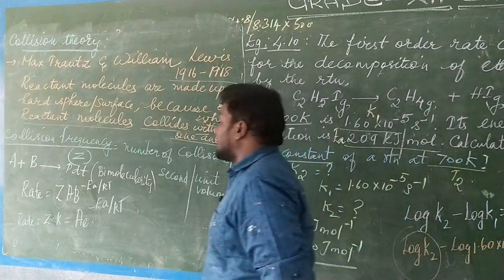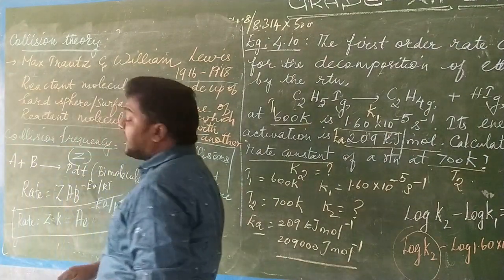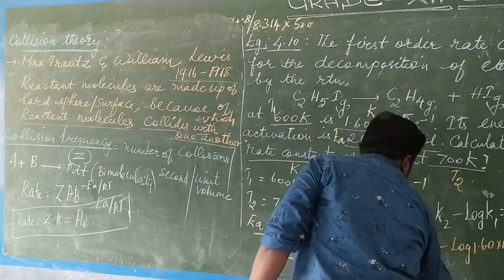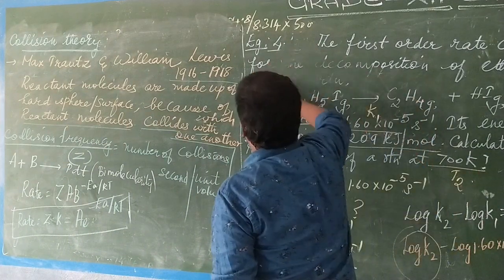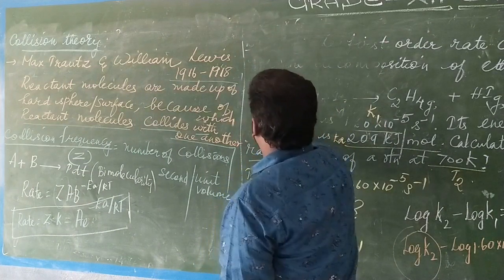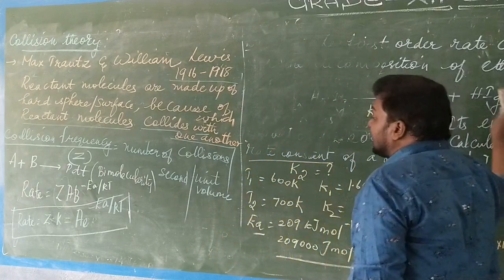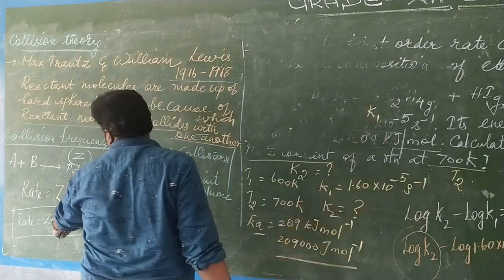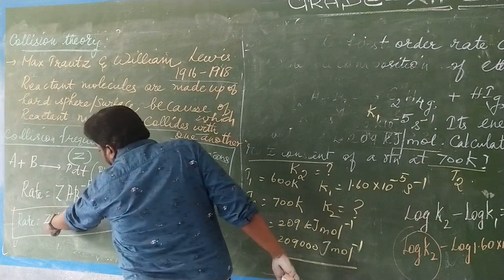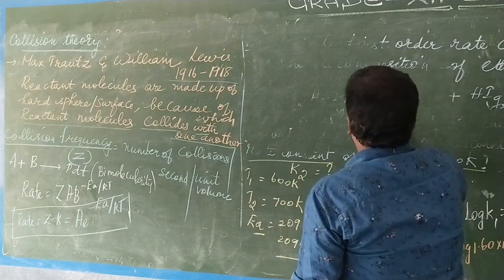Now based on this equation, I am going to give a definition. For the collision to take place, the rate constant should be accurately or fairly equal to the collision frequency. The rate of the chemical reaction should be... I will be writing now.